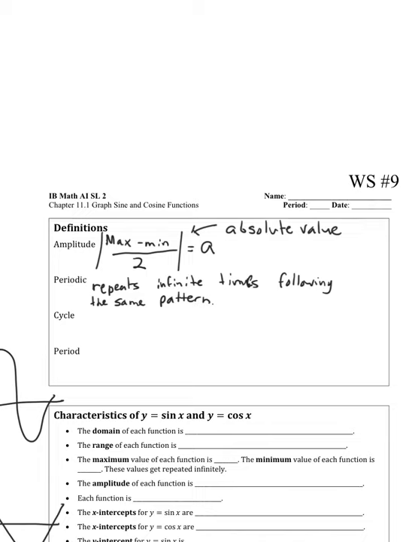So that's what a periodic function is. And then a period is one cycle of the function.